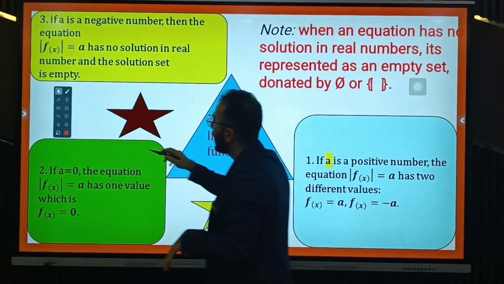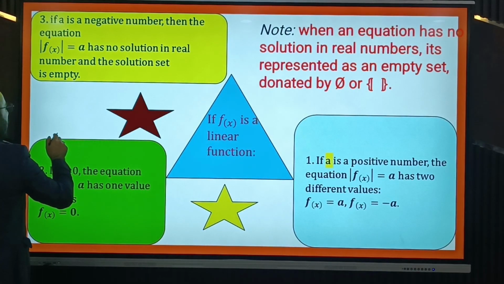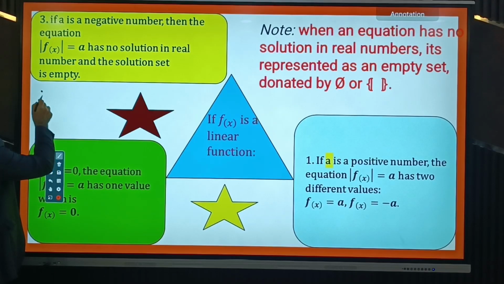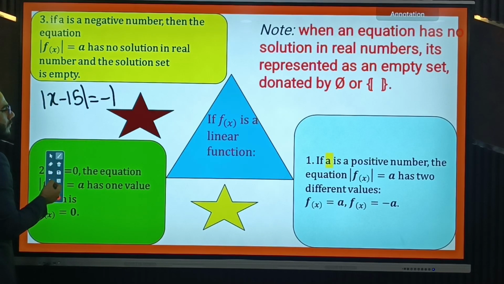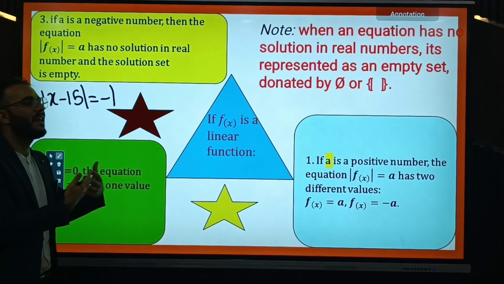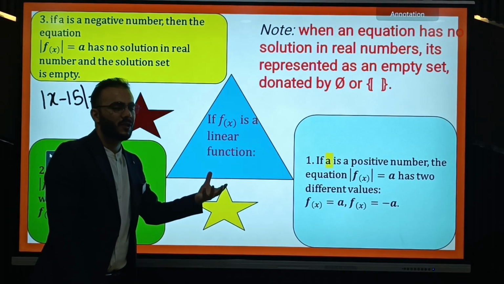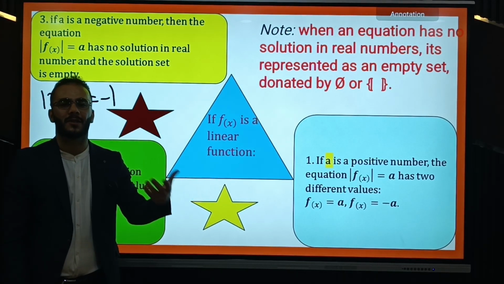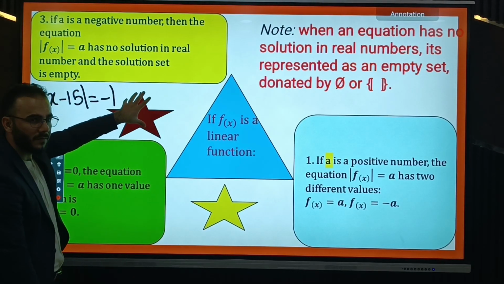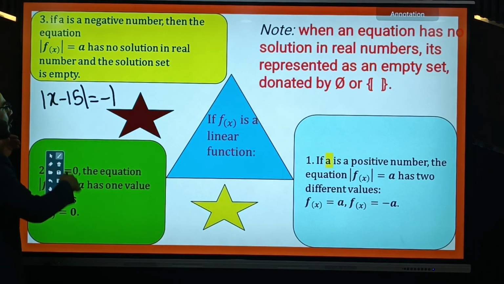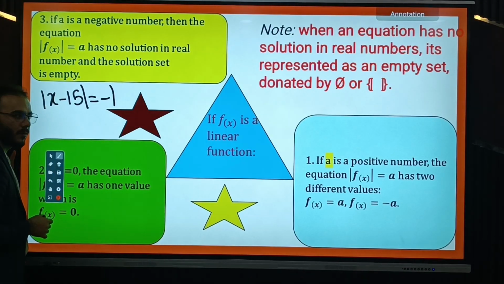Example. Imagine if the absolute value of x minus 15 equals negative 1. We are always saying that the result of an absolute value is positive. Since it says the result of this absolute value is equal to a negative, we will say that there is no solution for this one.